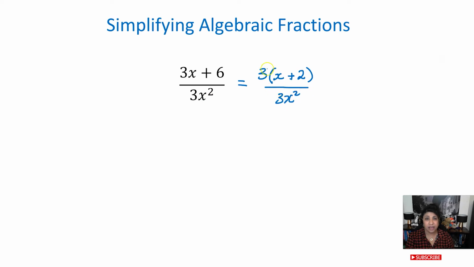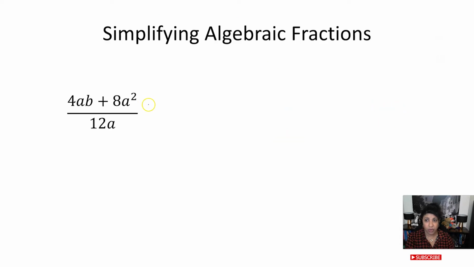Now I can see 3 and 3 can cancel out, so there's 1 of each, and then this will give me x plus 2 divide by x squared. Do not make a mistake by writing 2 over x. That will be wrong. So now for question 2, we're asked to simplify these algebraic fractions.